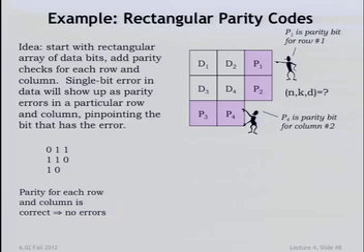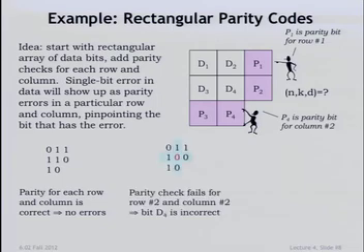If you receive this, I've just rearranged the codeword into the pattern that allows you to look at this very easily. So here's D1, D2, D3, D4, and so on. Any errors here? If I look along the first row, I've got even parity, even parity, even parity, even parity. So everything looks fine, and I'll declare that there are no errors.